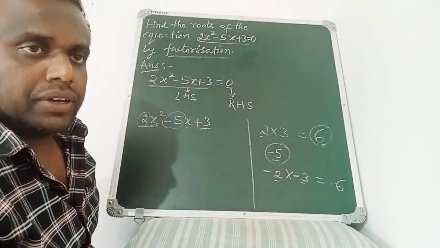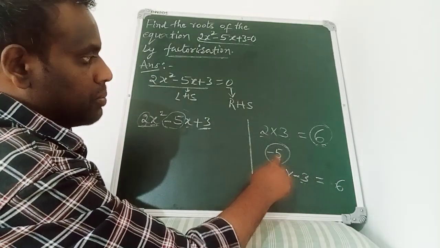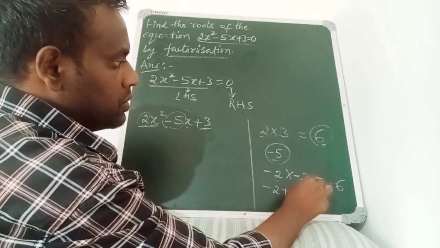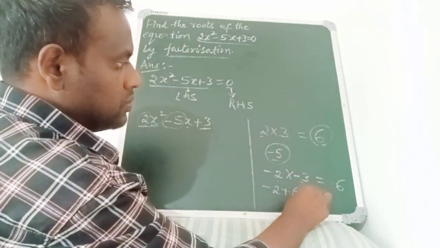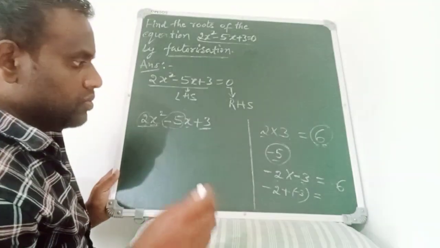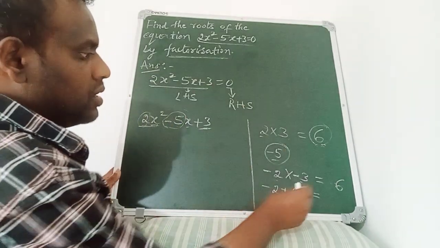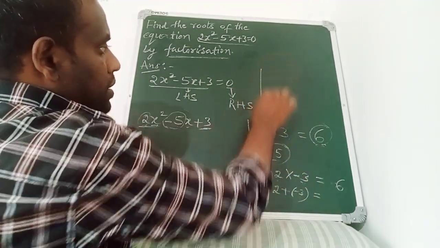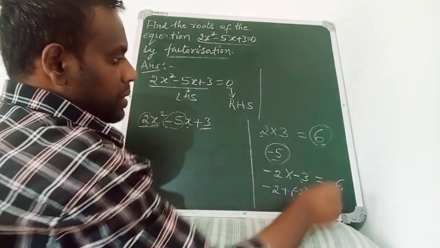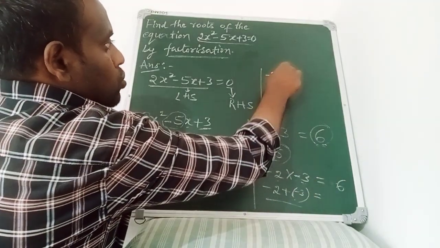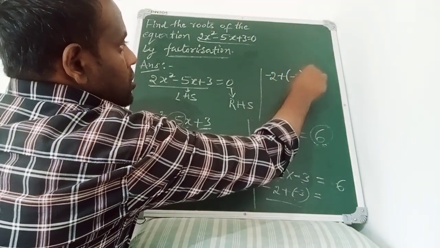I said another point: when we add this and this, we should get minus 5. So minus 2 plus minus 3 is equal to what?